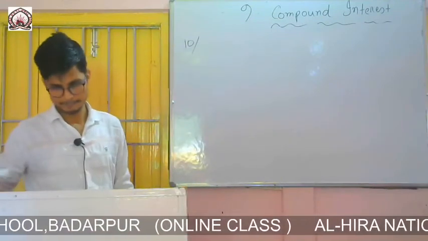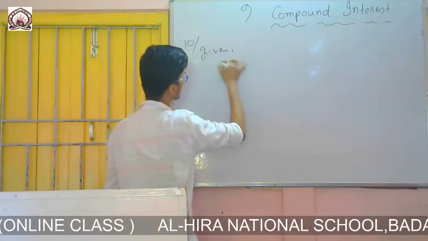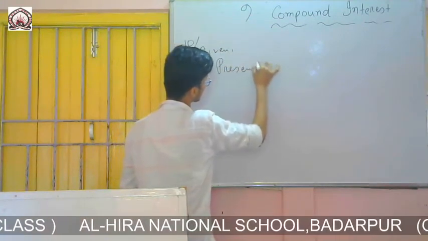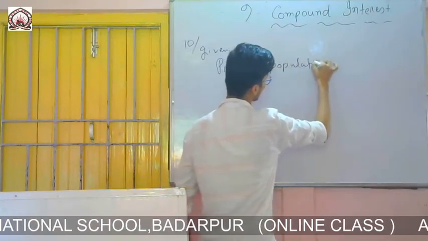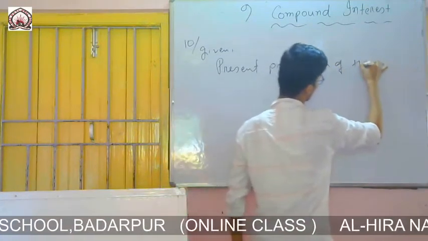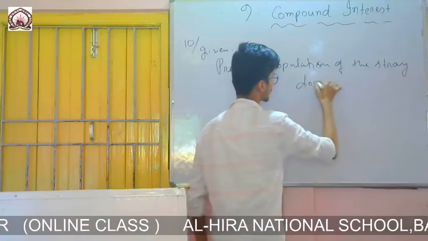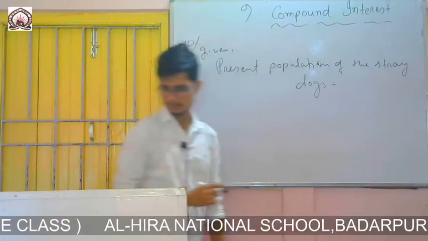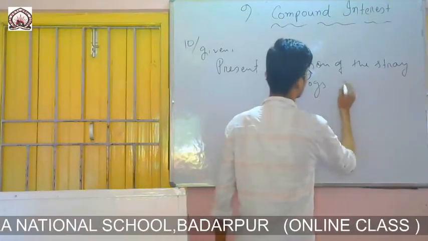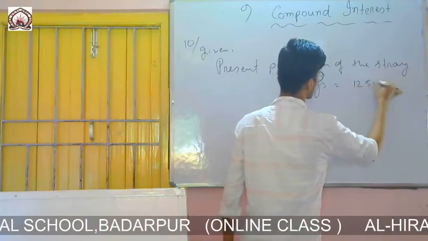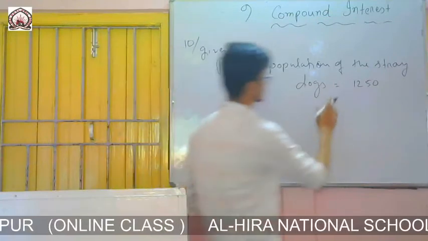Question number 10. Given present population of the stray dogs equals 1250. You can write P also here.